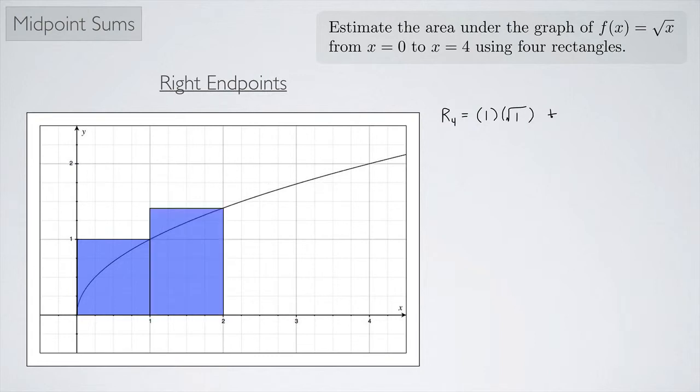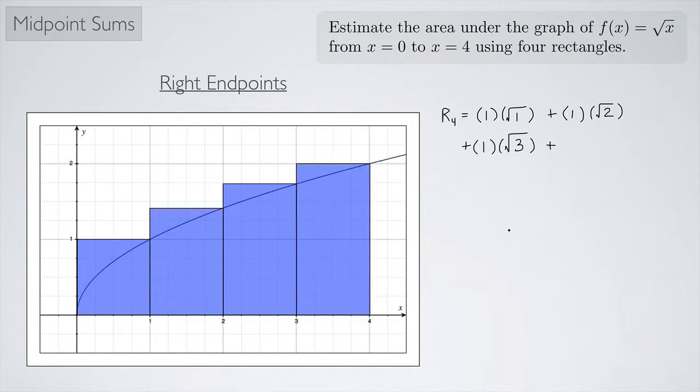Okay, and then my next rectangle looks like this. That also has a base of 1, and the height is determined by the value of the function at 2. So that's going to be the square root of 2. Okay, and now my third rectangle looks like this, and that's going to have a base of 1, and a height equal to the value of the function at 3. So that's the square root of 3.